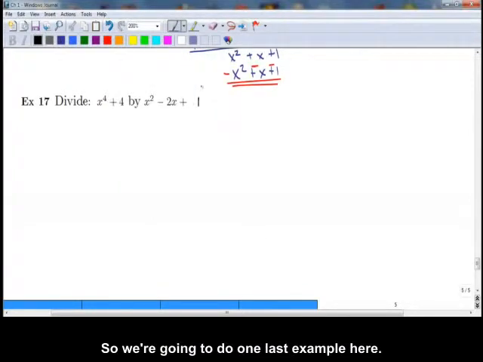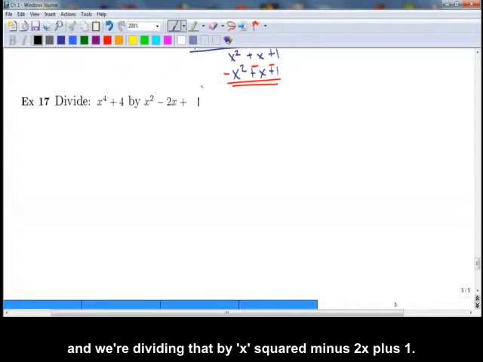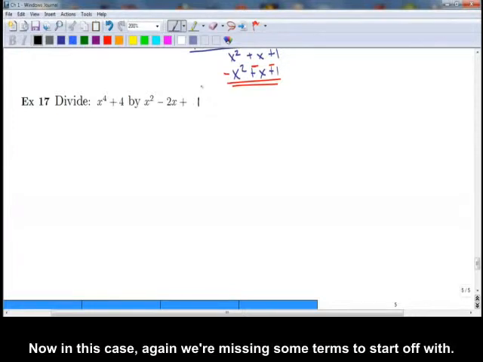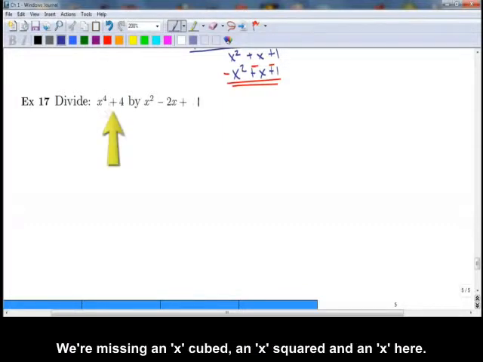So we're going to do one last example here, and that is x to the 4th plus 4, and we're dividing that by x squared minus 2x plus 1. Now, in this case, again, we're missing some terms to start off with. We're missing an x cubed, an x squared, and an x here.